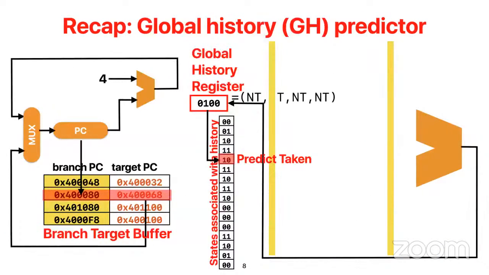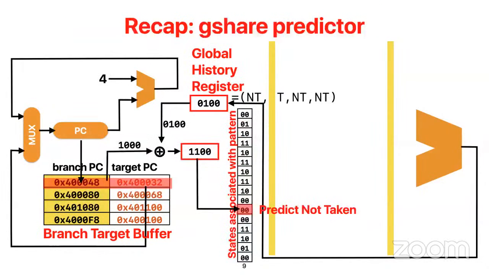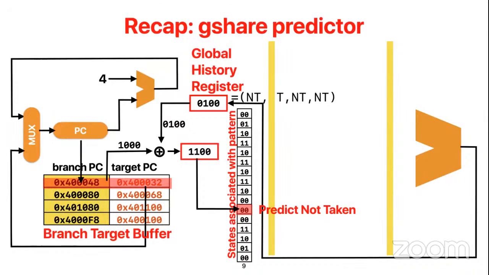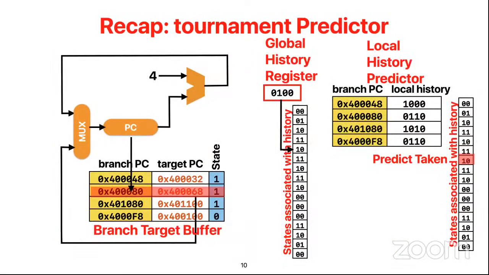For the global predictor, we have an issue that we cannot distinguish the pattern for different branches, so we add an exclusive OR to address the aliasing conflict of global history with different branches. That's called G-share. Then we have a tournament predictor, which says that sometimes we want the benefit from the global predictor, and sometimes the local predictor works well.